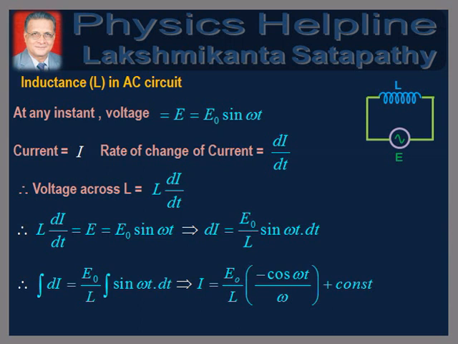Therefore, integral di is equal to E0 by L integral sin omega t into dt. Now, integral of sin omega t is equal to minus cos omega t divided by omega. Therefore, we have I is equal to E0 by L into minus cos omega t divided by omega plus the constant of integration.